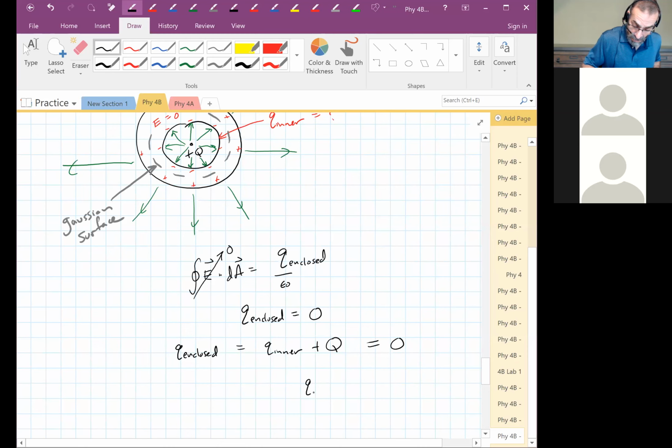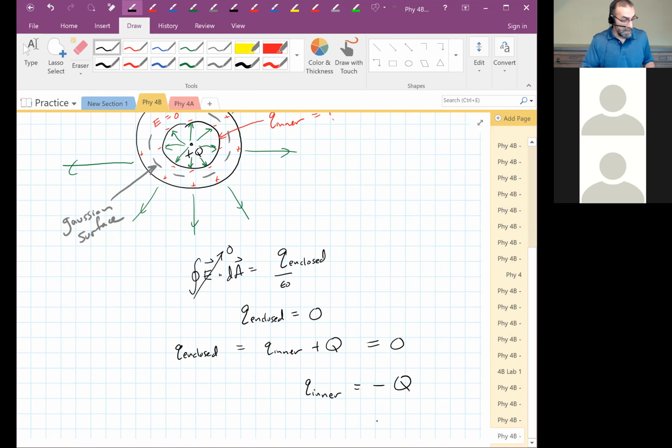So Q on the inner surface is equal and opposite to what's in the cavity. That's always true. Always. The innermost surface is equal in magnitude, opposite in sign to the net charge in the cavity.